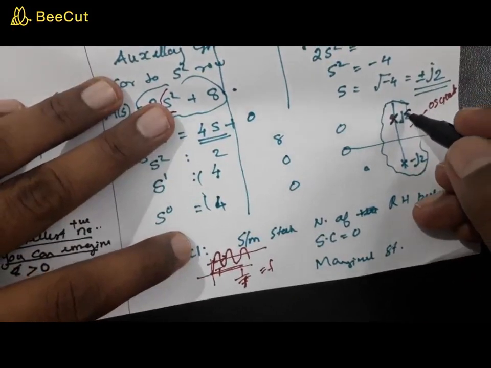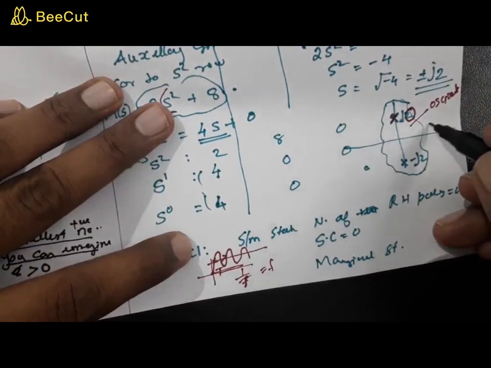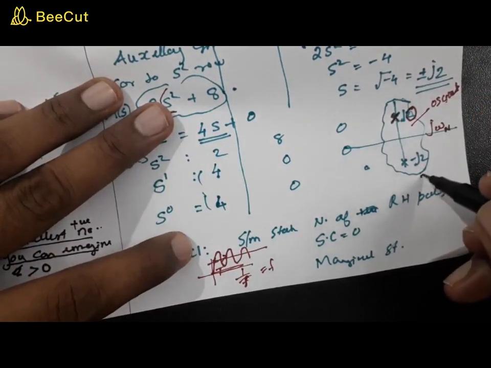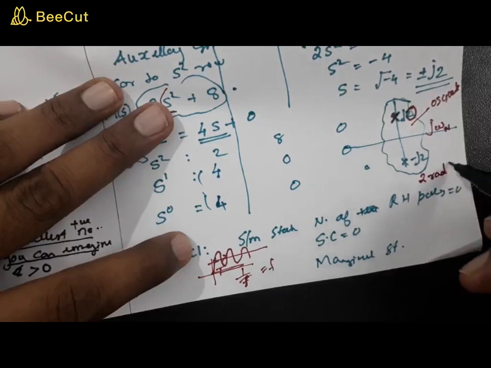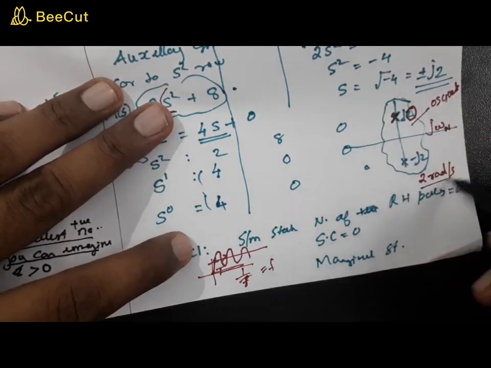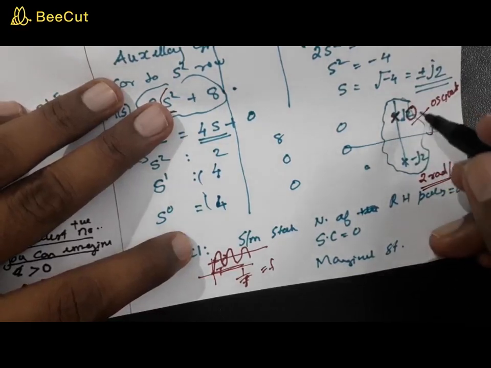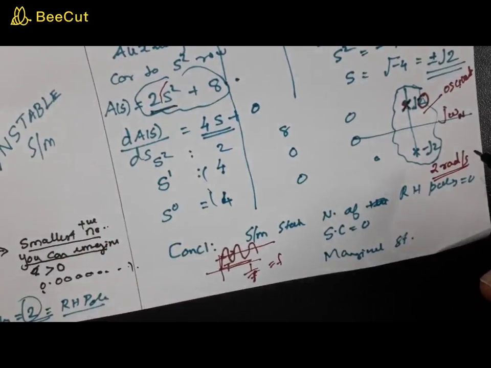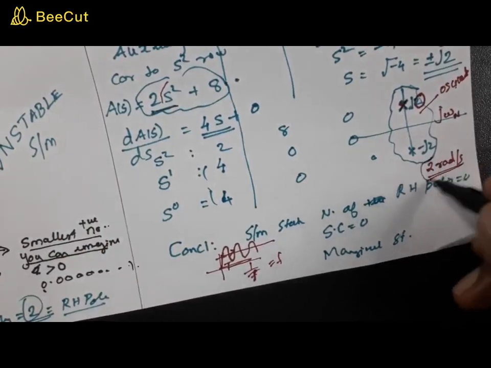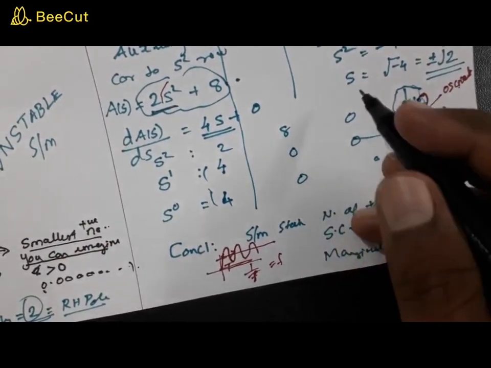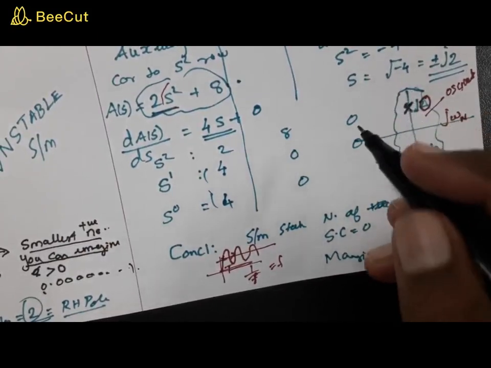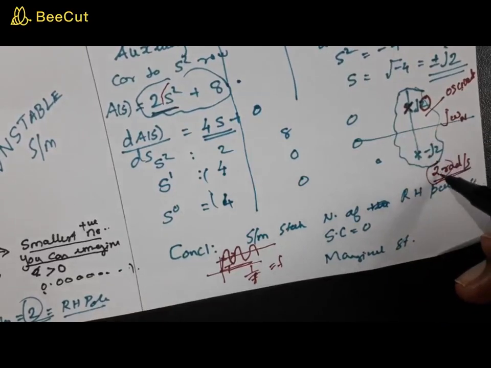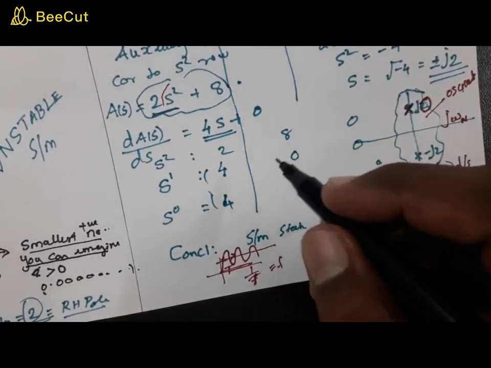What is this j2? j2 corresponds to j omega, the natural frequency, which is 2 radians per second in this example. So omega equals 2 radians per second, and at this frequency this particular system will oscillate. So the response is oscillatory with a frequency of 2 radians per second in this example.